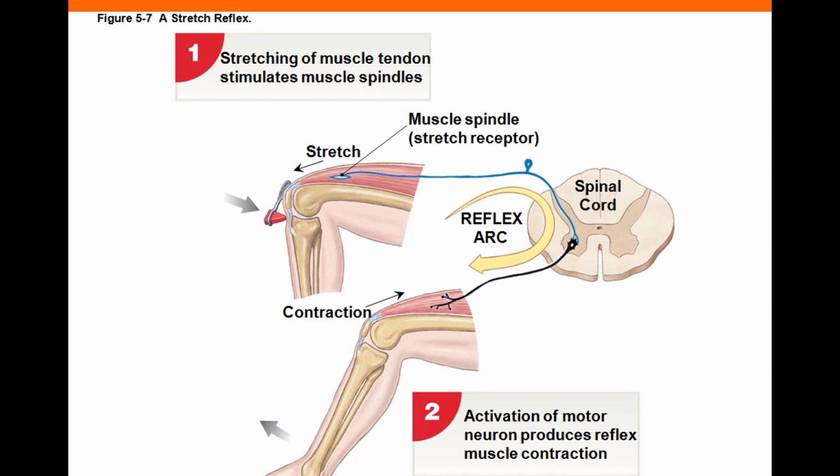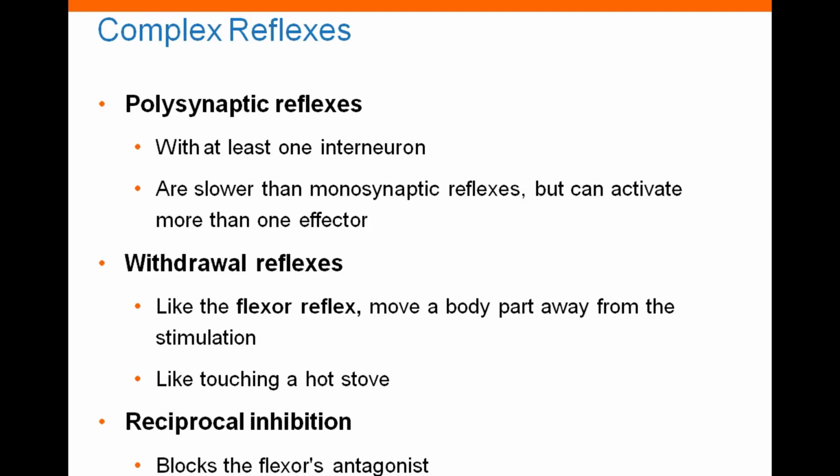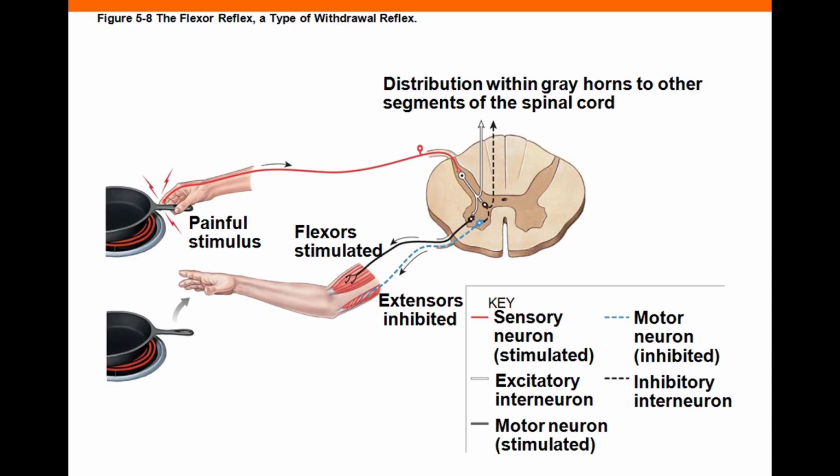Information processing occurs with the interneuron. An action potential travels down an efferent neuron. And then the last part of the reflex arc is the effector organ. The effector organ responds to the stimulus.